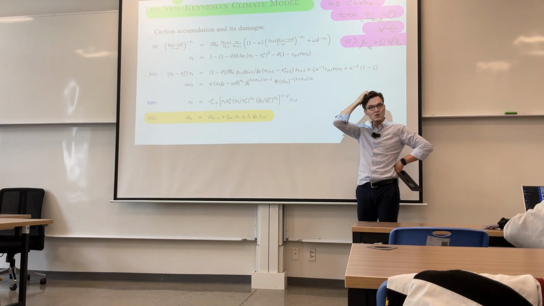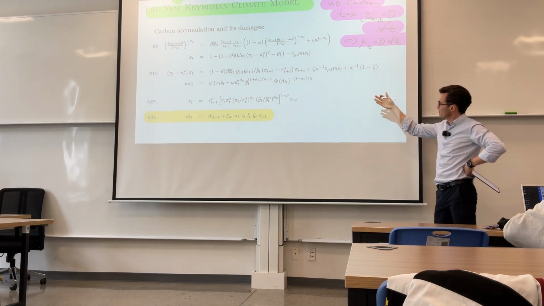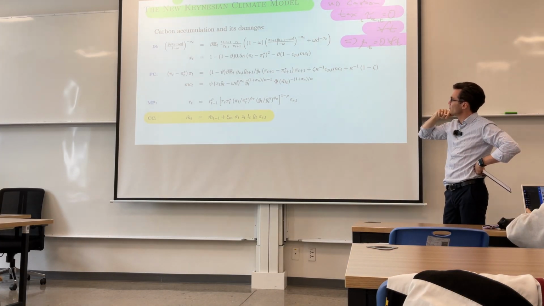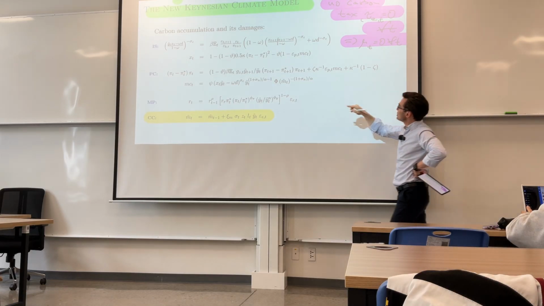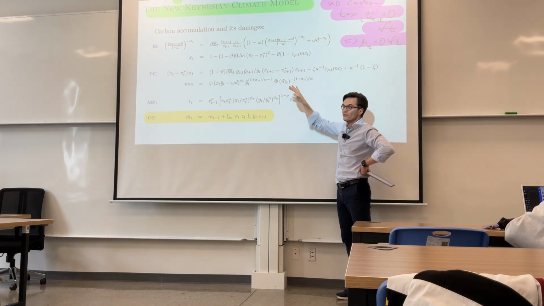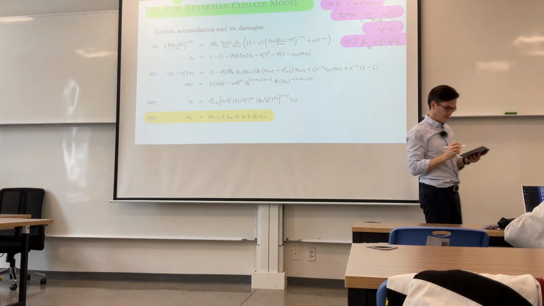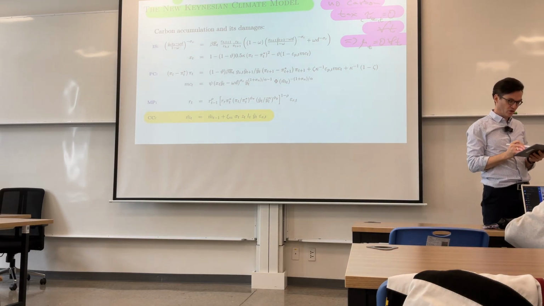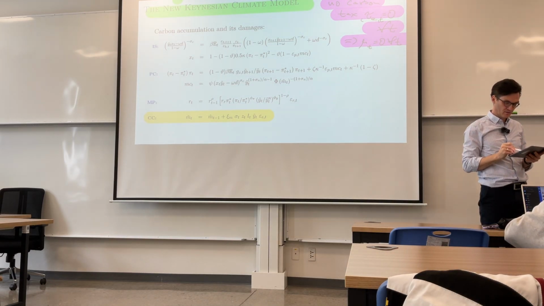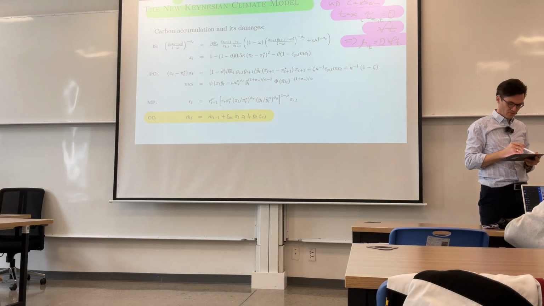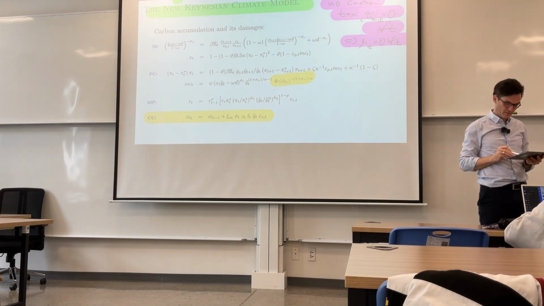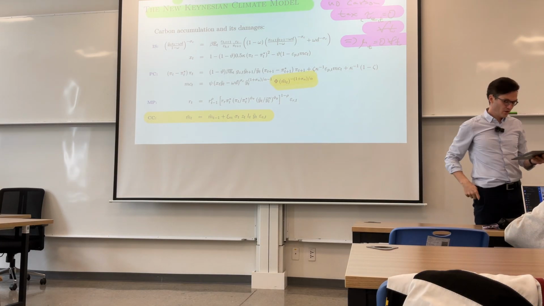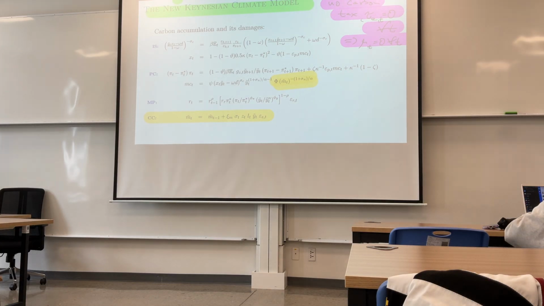Per se, it doesn't change the equation of monetary policy. It does change the term for marginal cost. So those are, at least in my view, the only changes that carbon damages make to this model economy.